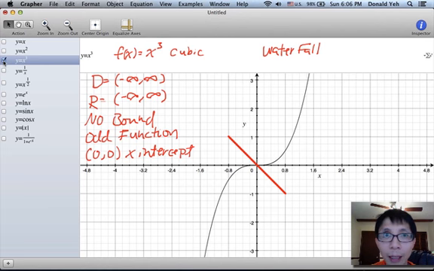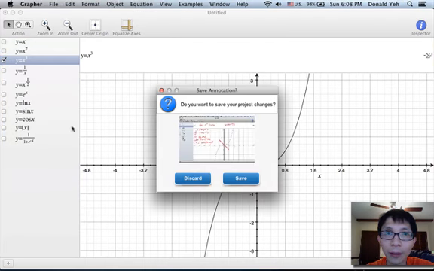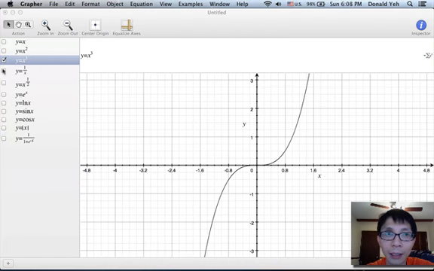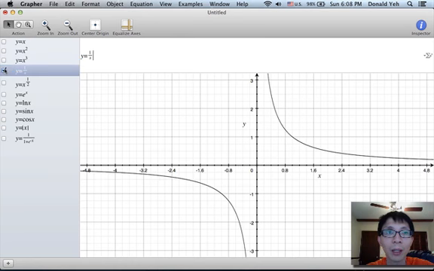Then let's look at the next graph. The next graph is 1 over x, and those of you in my class know it looks like the gain sign, which is one of my favorites.